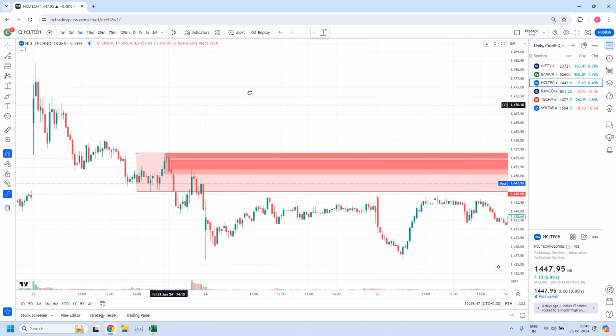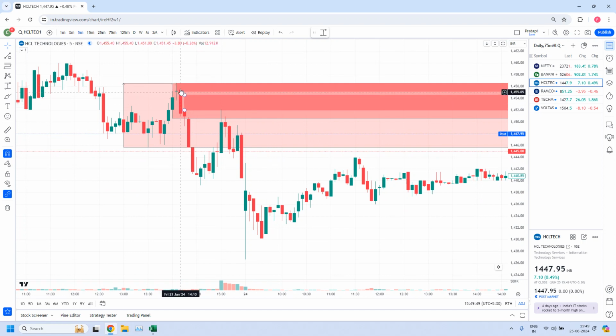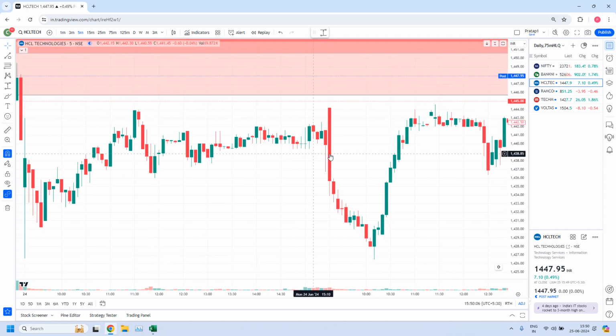But above there is a fresh zone, the rally base drop. The type 2 proximal is a fresh zone. If you go for type 1 proximal, it was already tested here, drop and in the next candle, rejection. But anyway, type 2 we are using. So fresh order flow is there in this area.